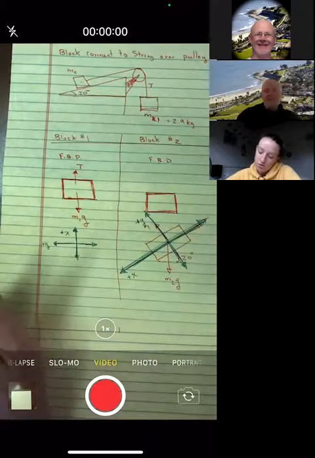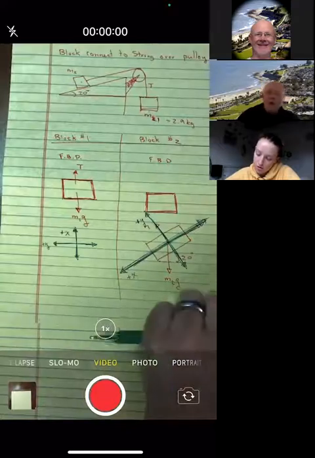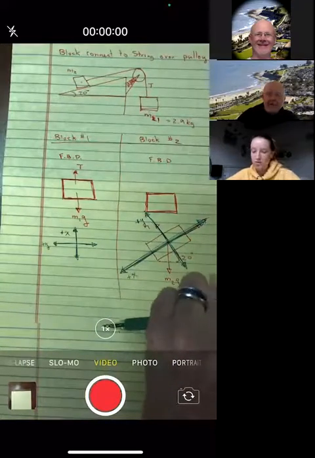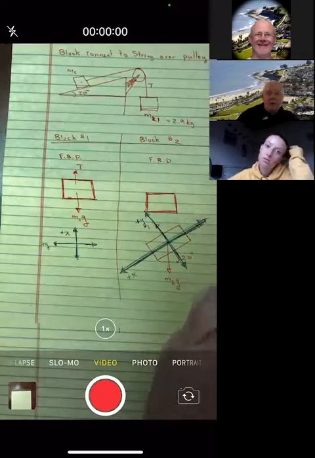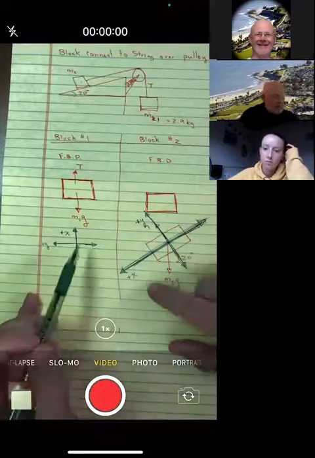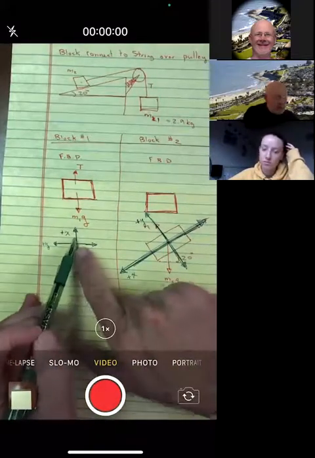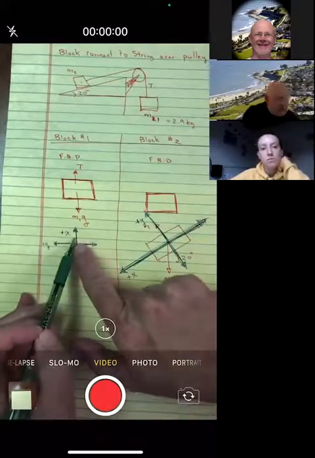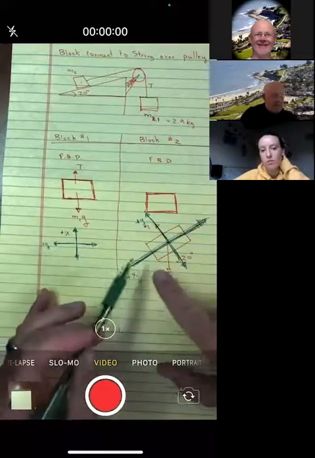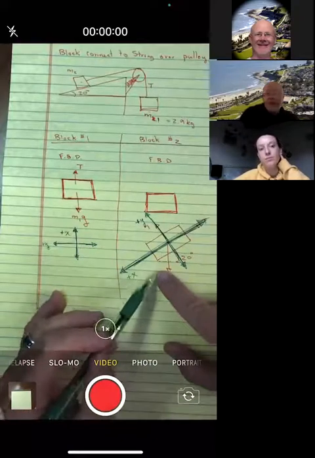But I'm hoping to convince you that it's worth your time and effort to say, why don't we make motion positive and X for one be the same as the other? And it doesn't matter what you pick.